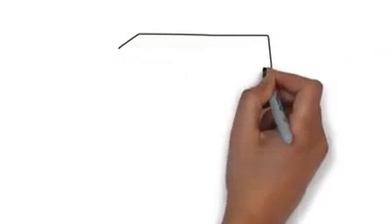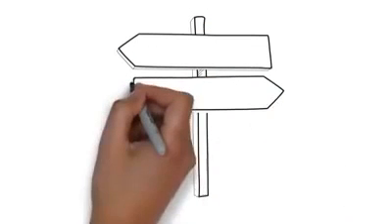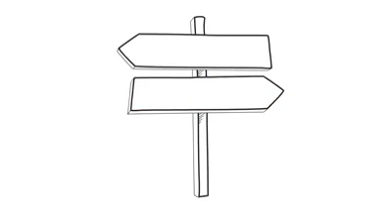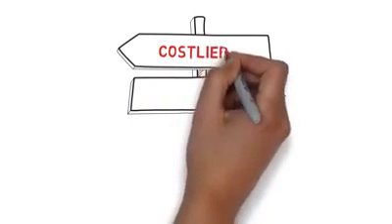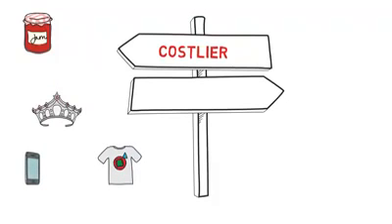After applying GST, the cost of items will increase or decrease. So here are some items whose cost will increase: packaged food, jewelry, ready-made garments, mobile services, credit card services, etc.